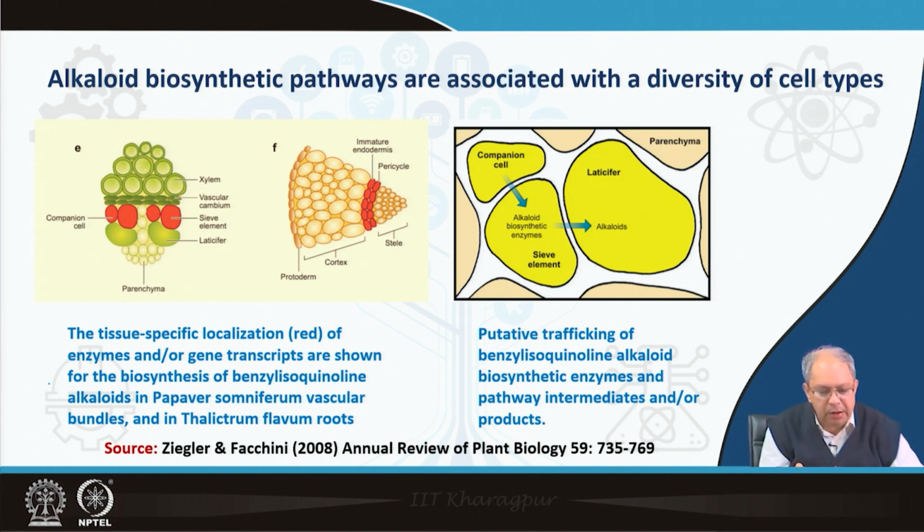This is the vascular portion where you find the phloem and the xylem, the sieve elements and the companion cells. These are the main regions where these alkaloids are accumulated in the green tissue, but in the root, the pericycle is the main site of accumulation.